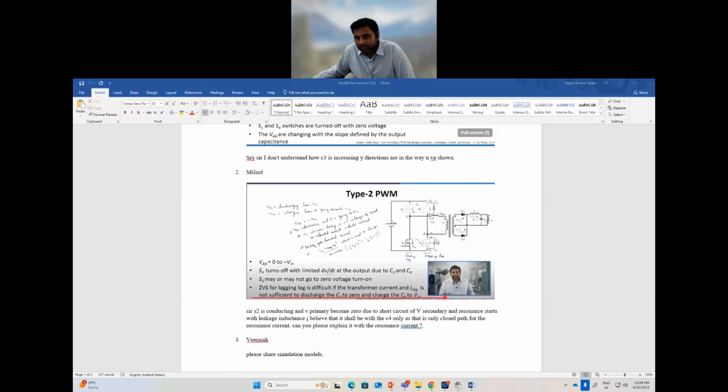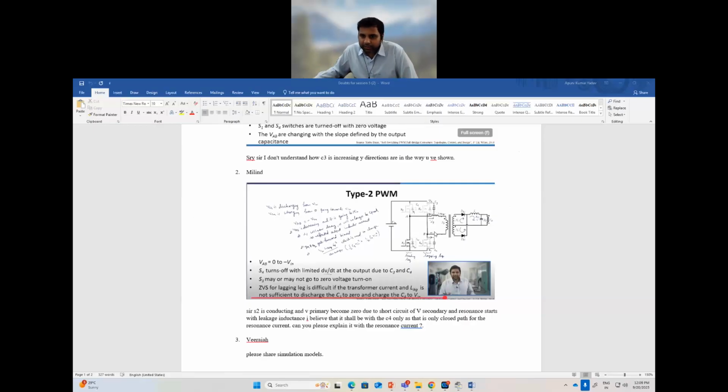On the lagging side, what happens is again the same scenario, because of the current in this direction, it cannot flow through the diode D4 because of the direction. It cannot flow through the diode D3 because C3 is already charged to some finite non-zero voltage. So diode D3 is already reverse biased.